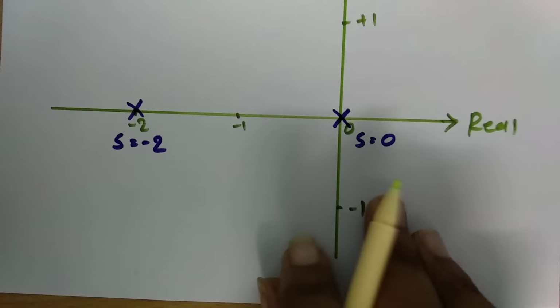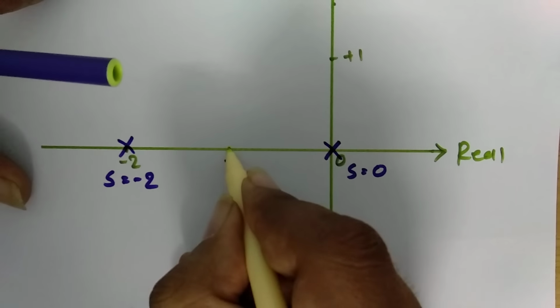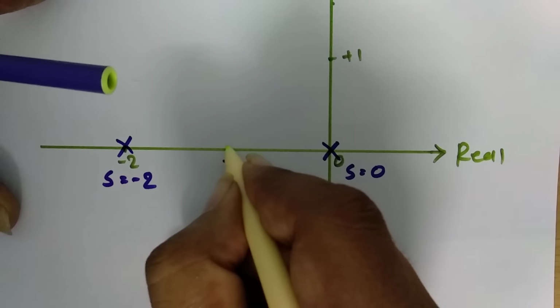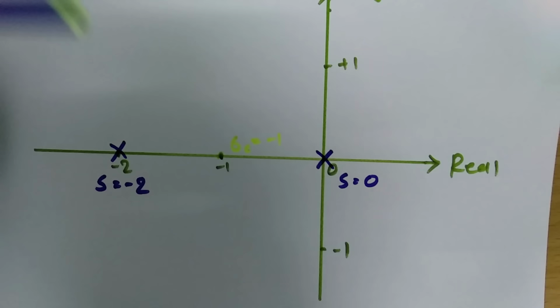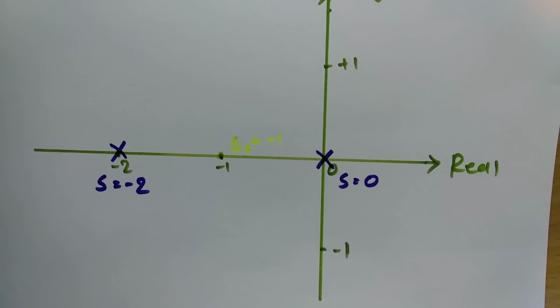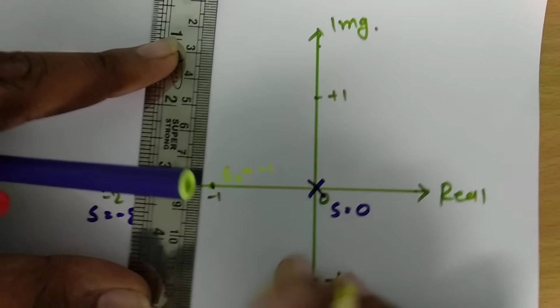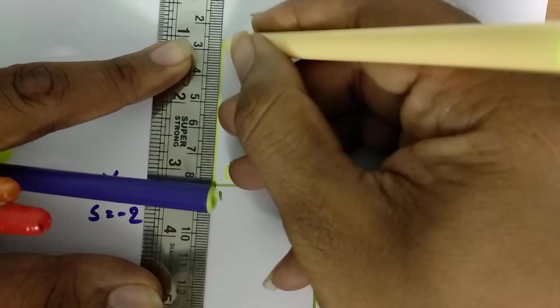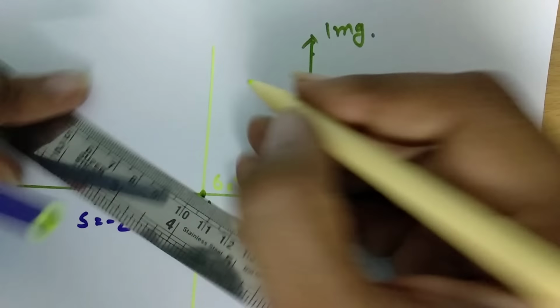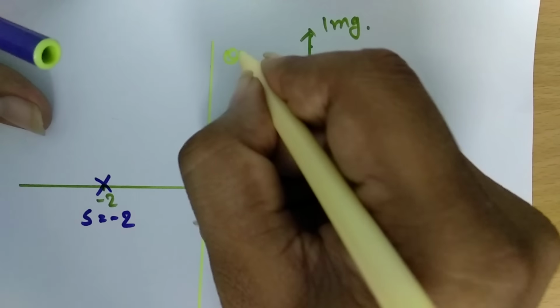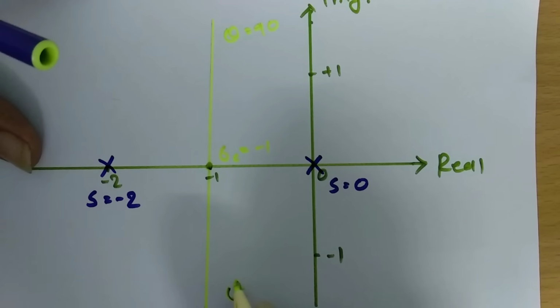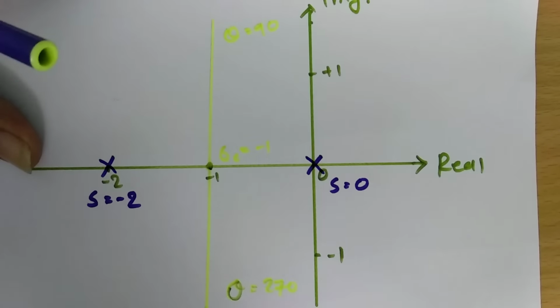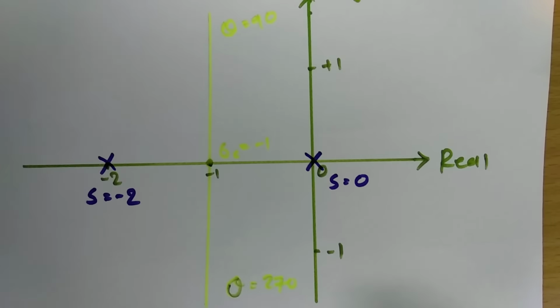So centroid of asymptotes, sigma c, is at minus 1, and the angles of the asymptotes are theta equals 90 and theta equals 270. So this is what we have computed.